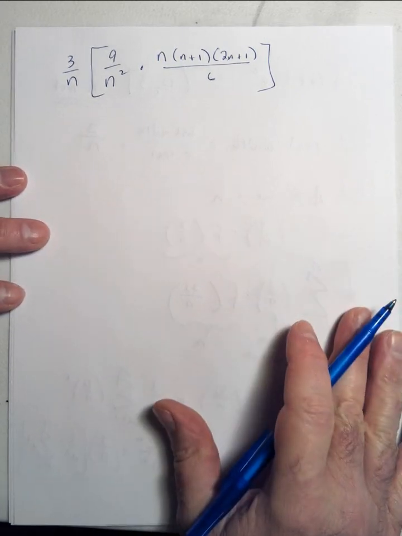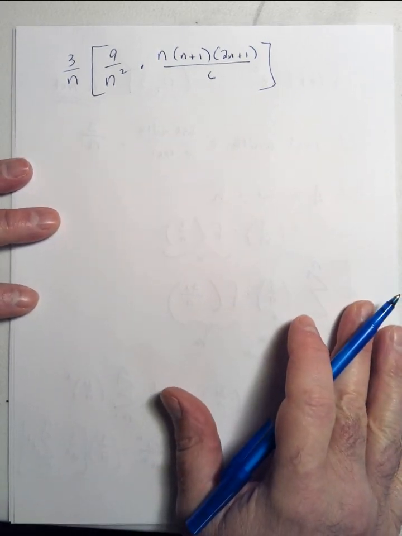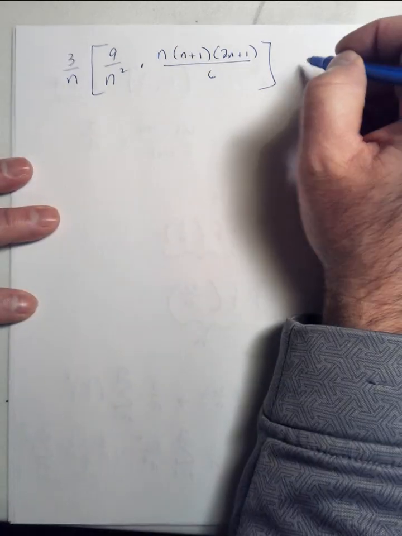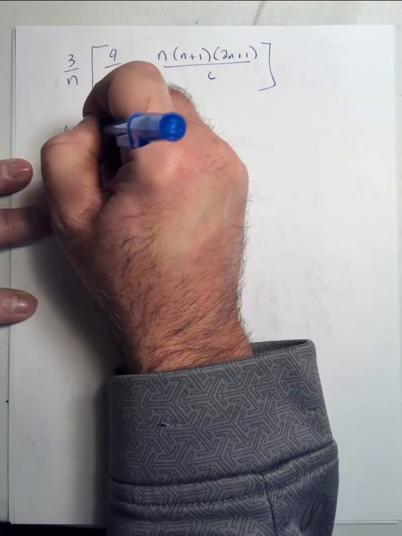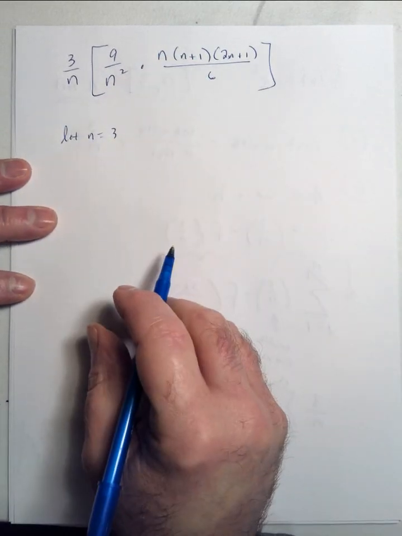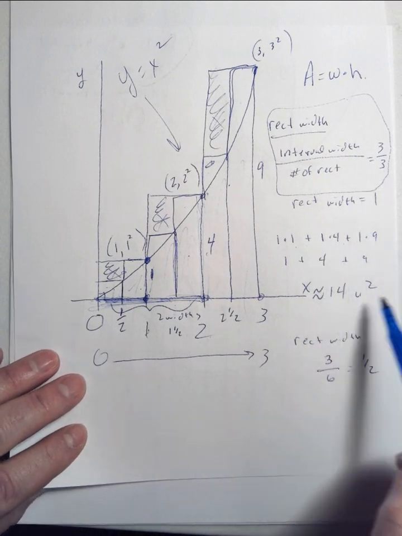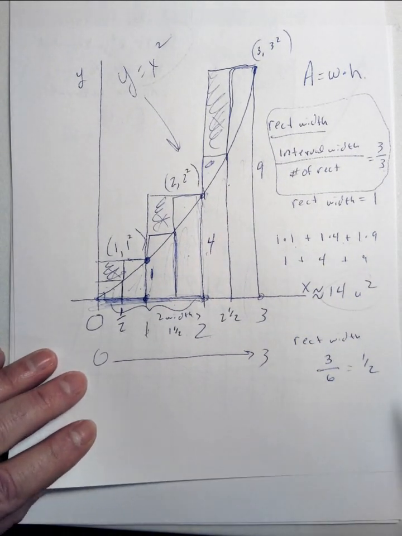Before we do that, I think it's important that, let's say, if we let n be 3, do you remember what we got the first time when we had 3 rectangles? We had an answer of 14 square units.